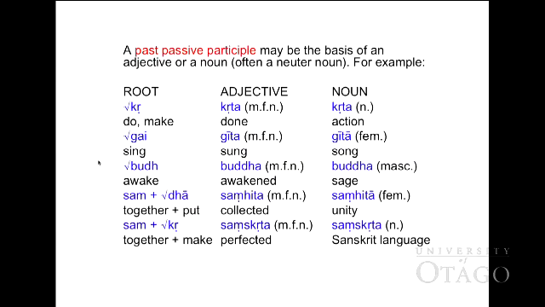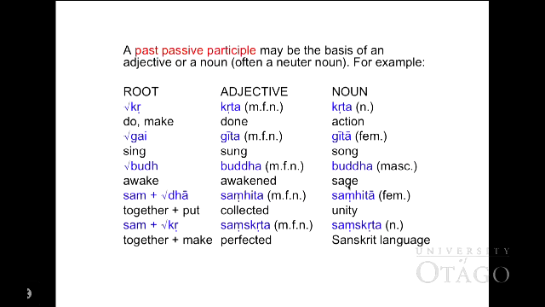A PPP may be the basis of an adjective or a noun, often a neuter noun. For example, root kṛ, do, make. When it is an adjective, kṛta, done. As a noun, kṛta, action. Gai, sing: gīta, sang, and as a noun, gīta, song. Buddha, awake, know. So buddha, awakened, known.